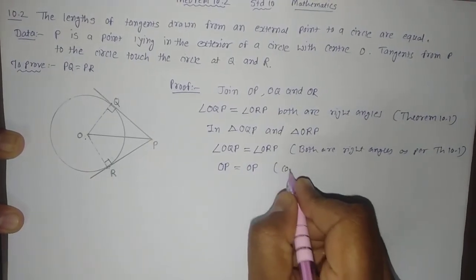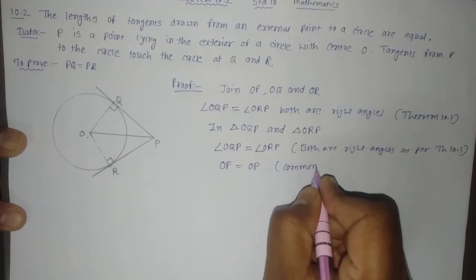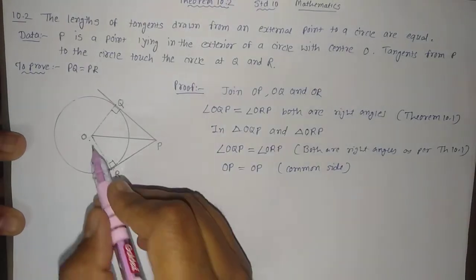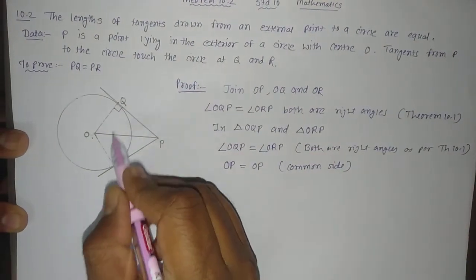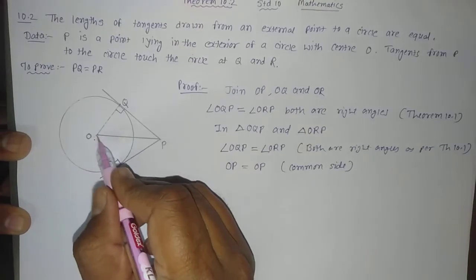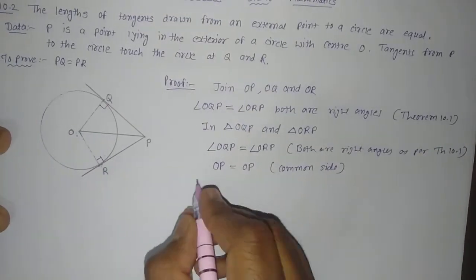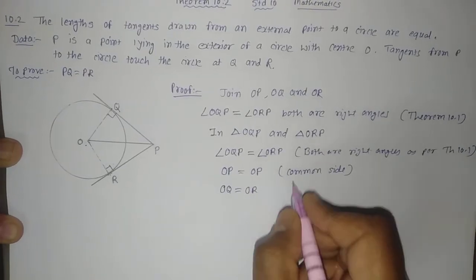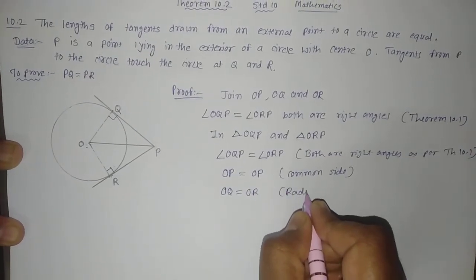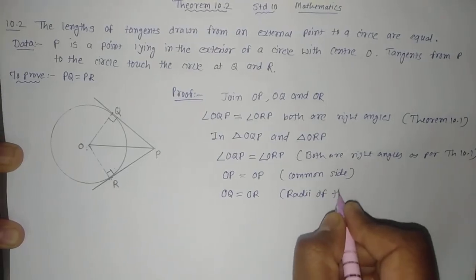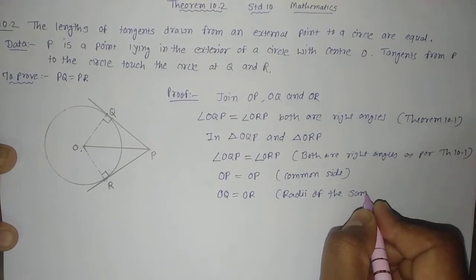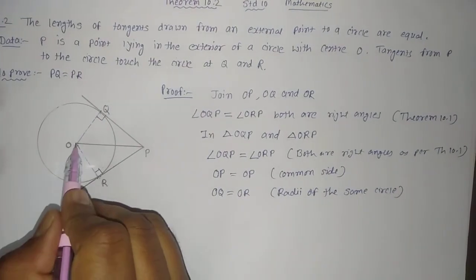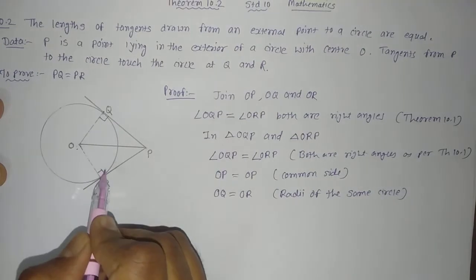Because it is a common side for both the triangles. And the third one, OQ is equal to OR, both are radii. You can see this and this are the radii of the same circle. So I can say OQ is equal to OR, radii of the same circle.